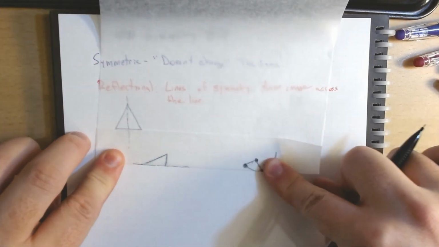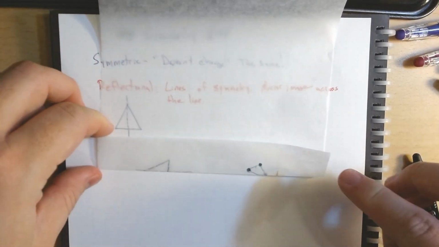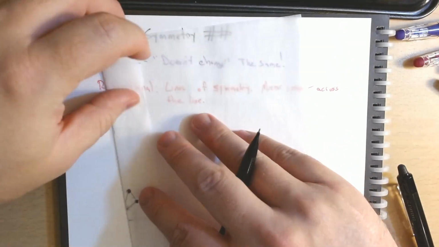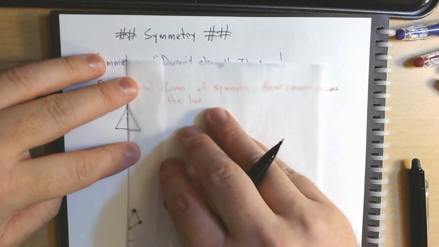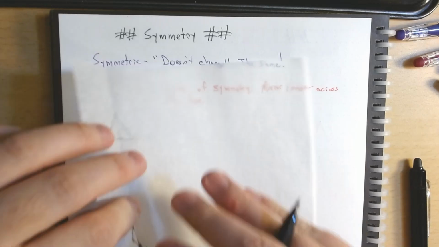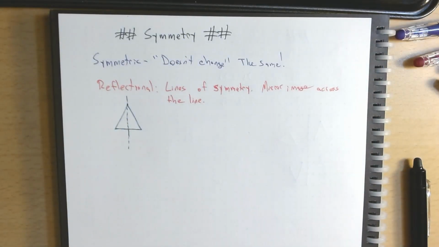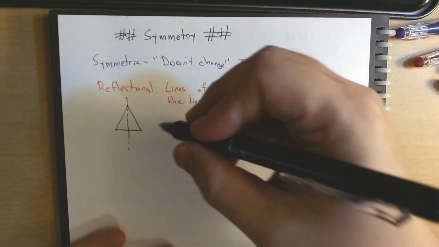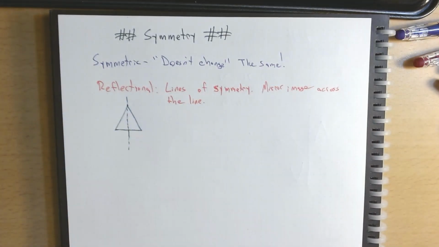Which it does. See? That's all a line of symmetry is, and that's reflectional symmetry, meaning that it reflects across. A bunch of different shapes have different lines of symmetry.